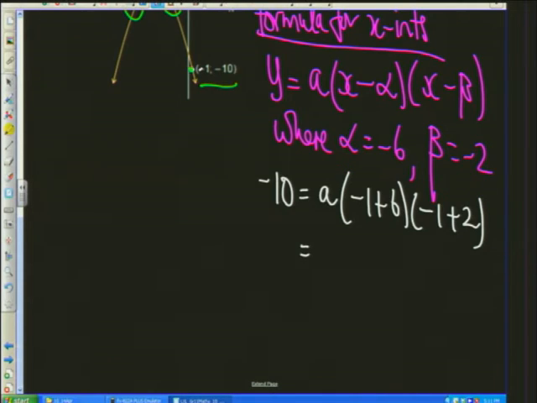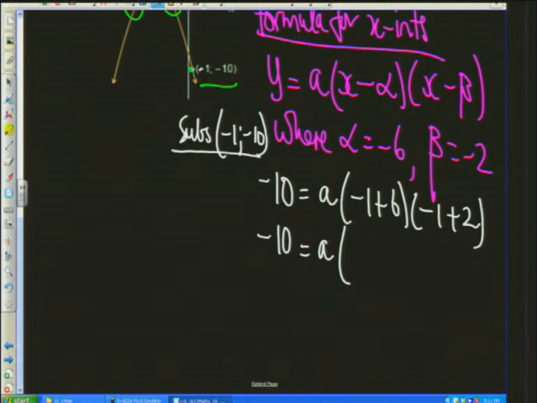So I'm really substituting a point here, negative 1, negative 10, at the same time. So I get negative 10 equals a times, 6 minus 1 is 5, and 2 minus 1 is 1. So that would just be 5.